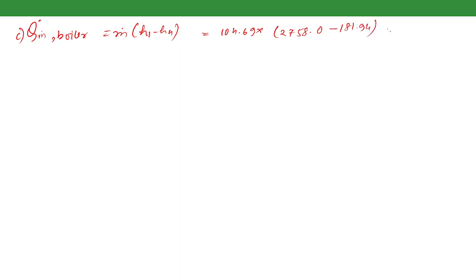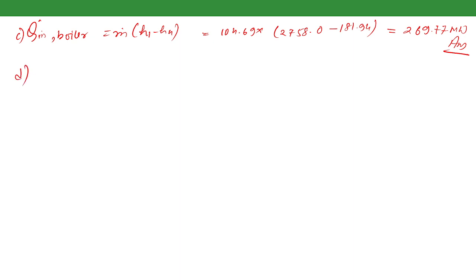Now what is the heat transferred in the boiler? This is equal to m dot (h1 minus h4). So m dot is 104.69 multiplied by 2758.0 minus 181.94, and this comes out to be 269.77 megawatt. So this is the heat transferred in the boiler.